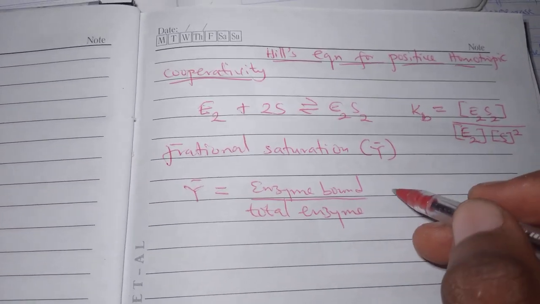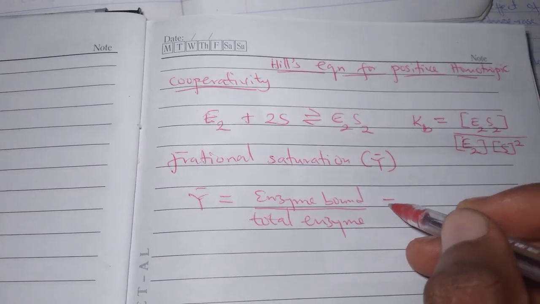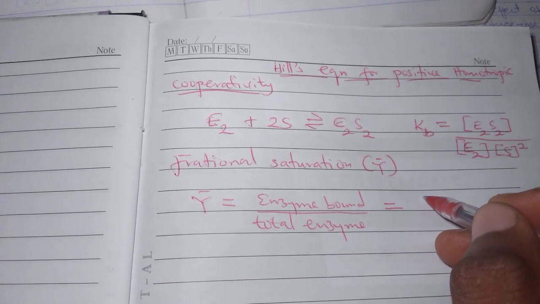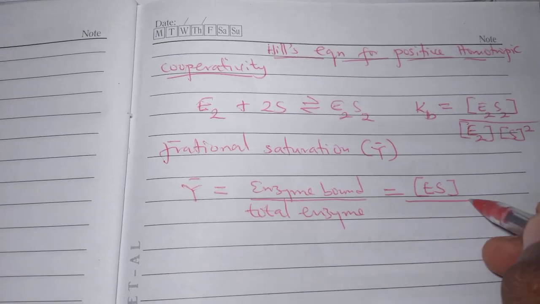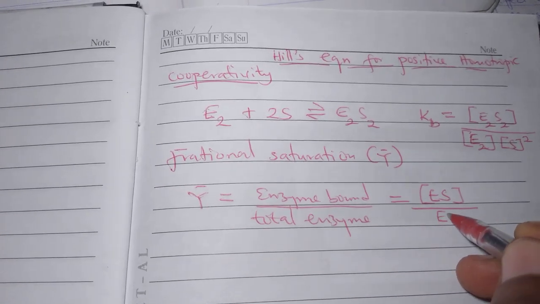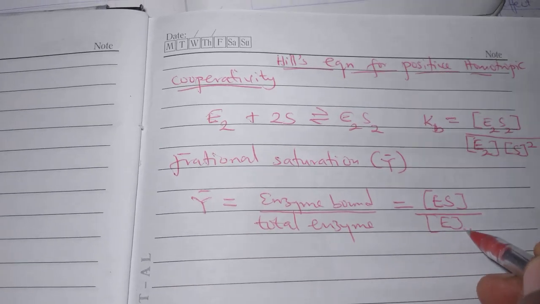Now the enzyme bound is given as ES. The concentration of enzyme bound all over total enzyme can be given as E total.